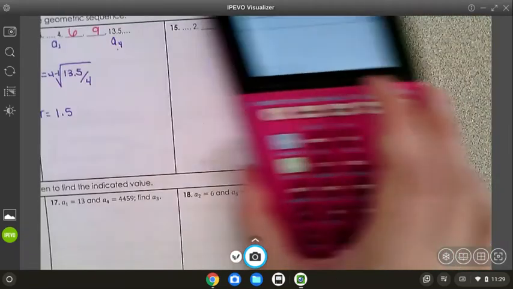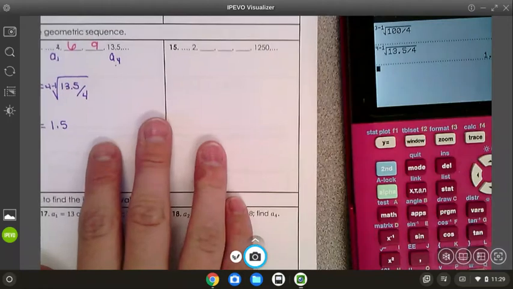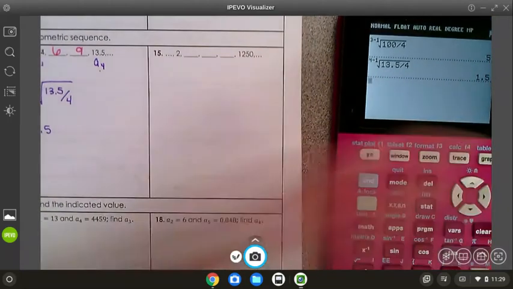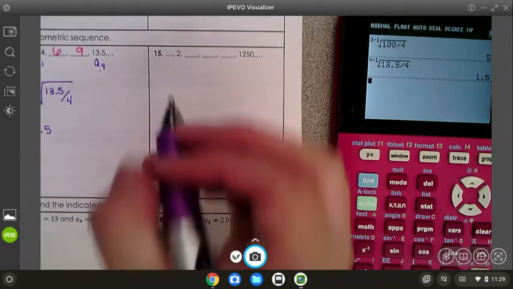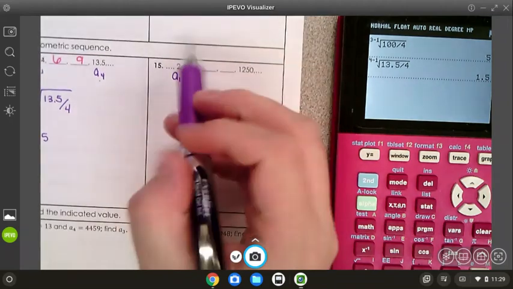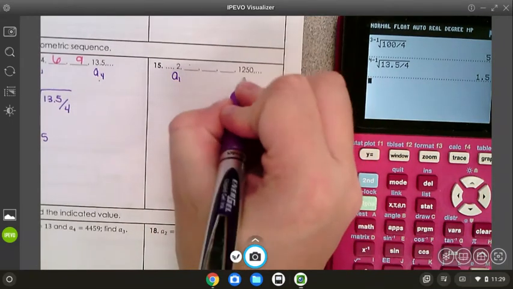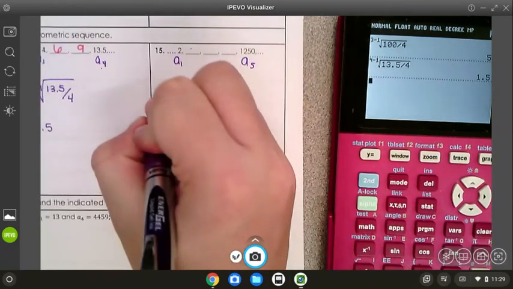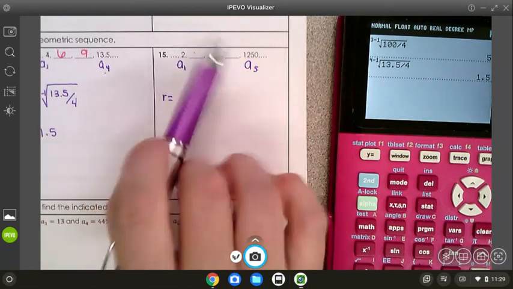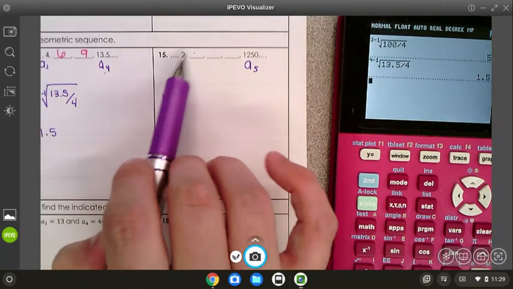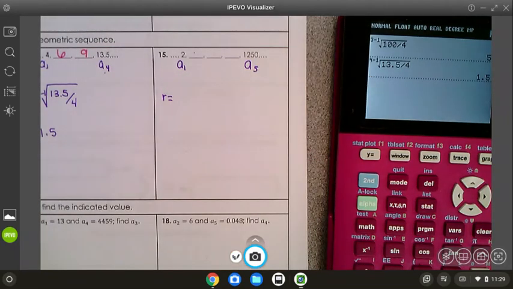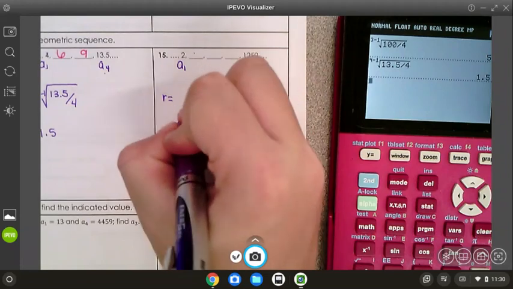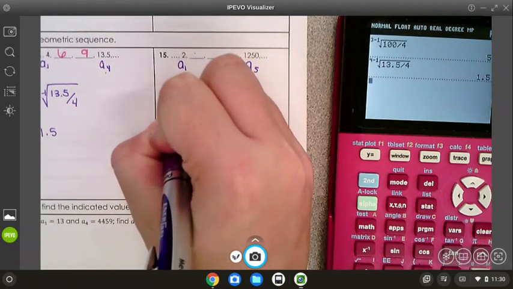So try number 15 on your own. So this would have been your A1, 2, 3, 4. This would have been your A5. And again, you could use any. I could have used A7 and A11. That wouldn't have mattered. So the root, it's going to be 5 minus 1.